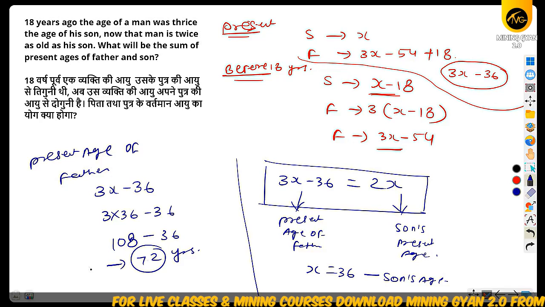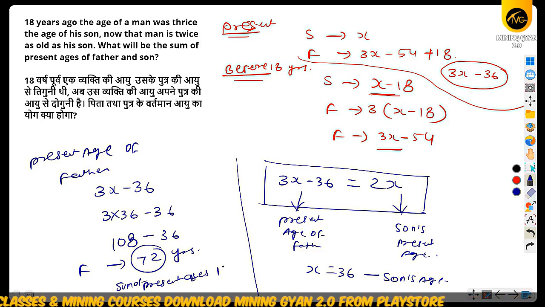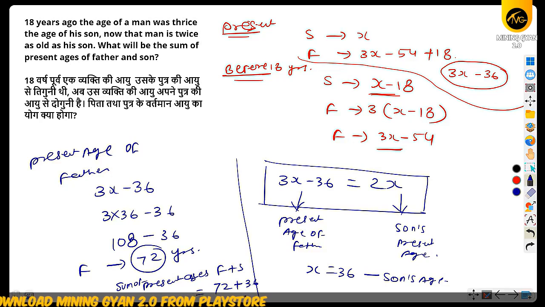So this is the present age of father. Now the sum of the present ages of father and son will be 72 plus 36, and it's 108. Okay, 108 years.